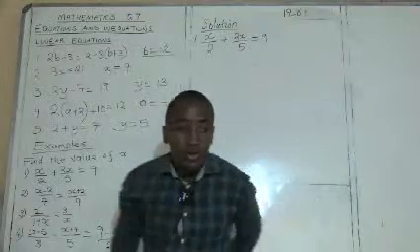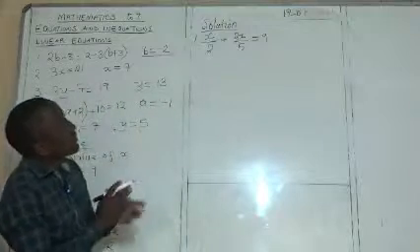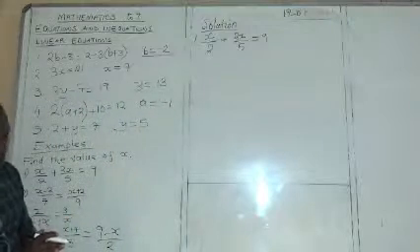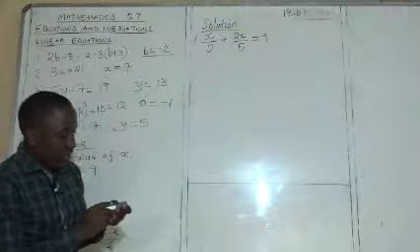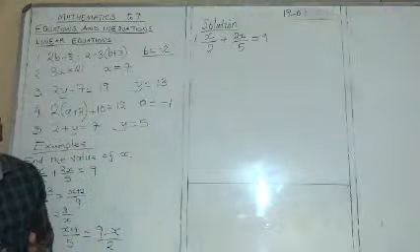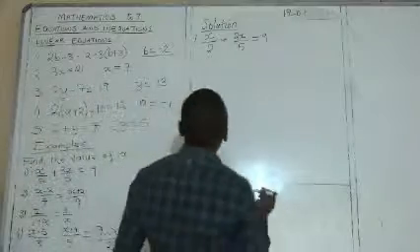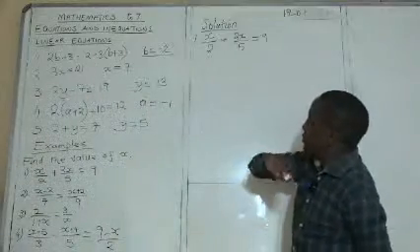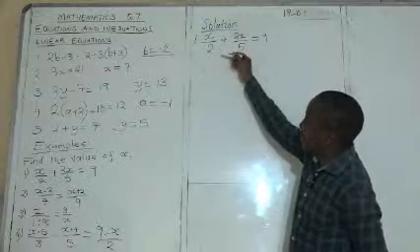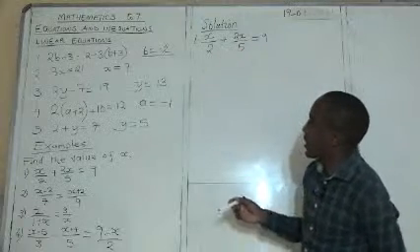Now when dealing with such kind of questions, the first thing is you have to look for the lowest common multiple. For the lowest common multiple, you look at the denominators which you have.